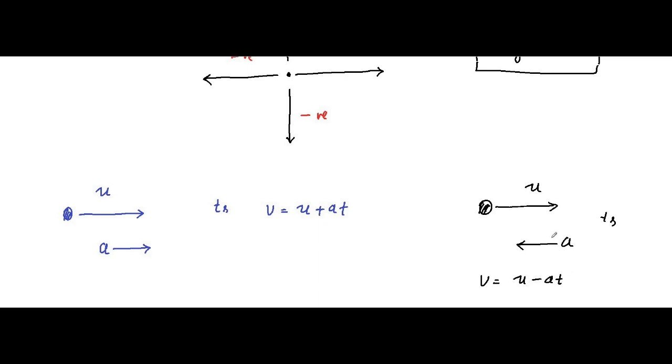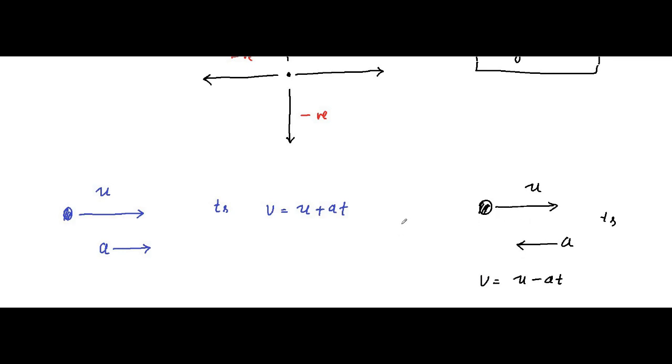Why? Because here this acceleration is opposing the motion. It is in the opposite direction to the velocity of the object. Here it is u plus at, here it is u minus at. So a time will come when this velocity will become 0, when u becomes equal to at, and it will finally come to rest.